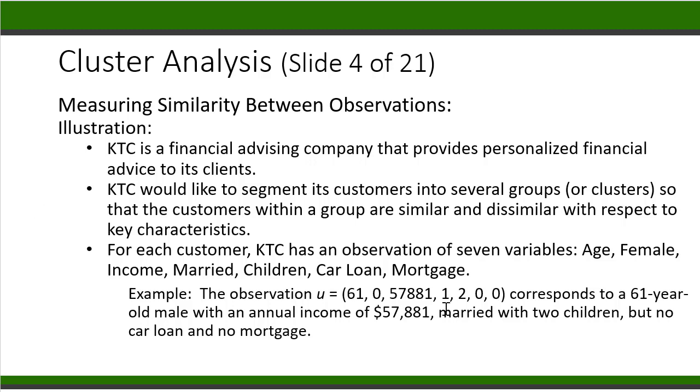It's children, then car loan is no, mortgage is no. So 0 or 1 are like dummy variables, 0 representing no, 1 representing yes. Sometimes you can use it like that. So that would be the female variable here. Car loan and mortgage are actual numeric variables.